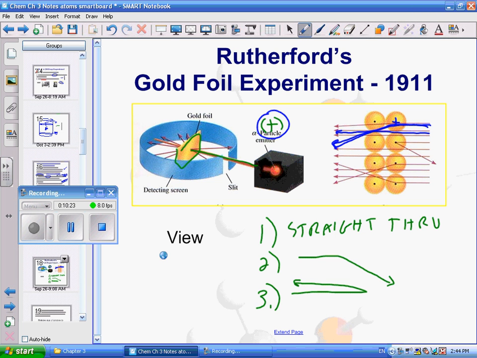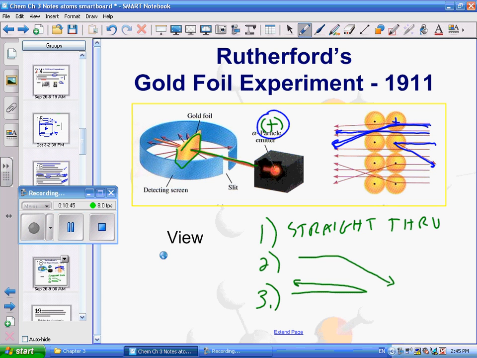And the third thing they found was that the nucleus was this heavy, dense, massive region, more dense than concrete and steel combined. As we see, this particle hits the nucleus and bounces away, as if hitting an impenetrable wall.